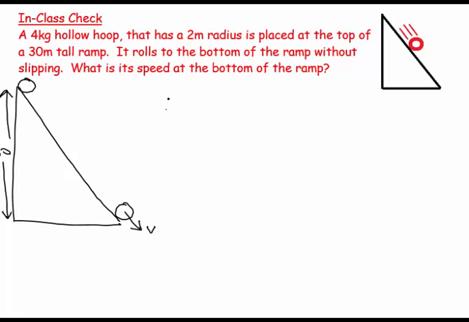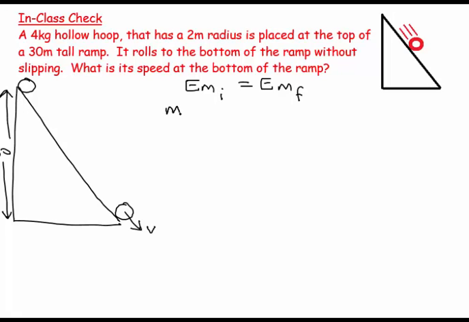It's an isolated system, so I can say my mechanical energy at the initial is equal to my mechanical energy at the final. If I look here, it starts off from rest. There's no information about having an initial velocity, but it does have a higher position in a gravitational field.